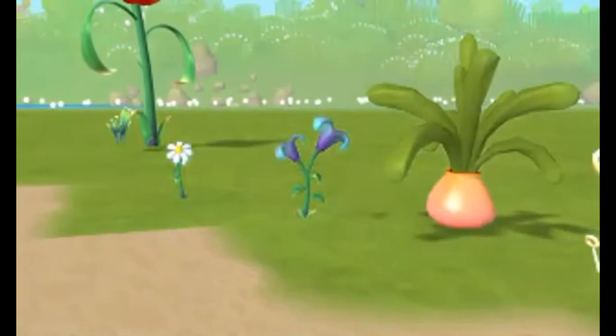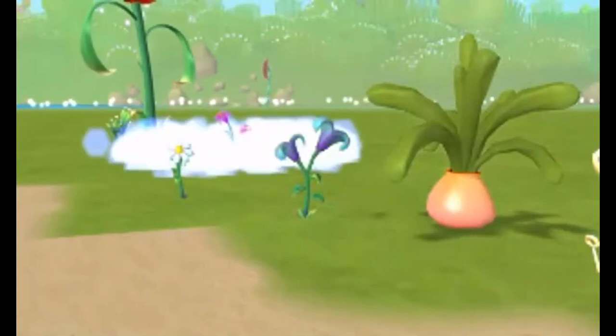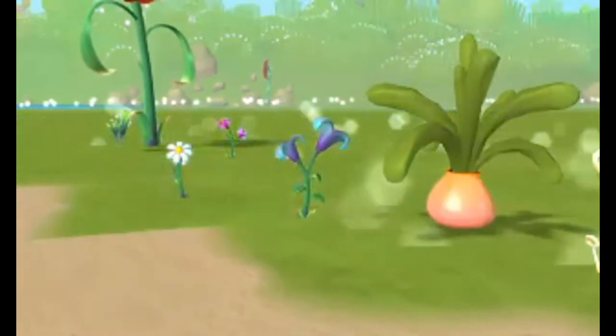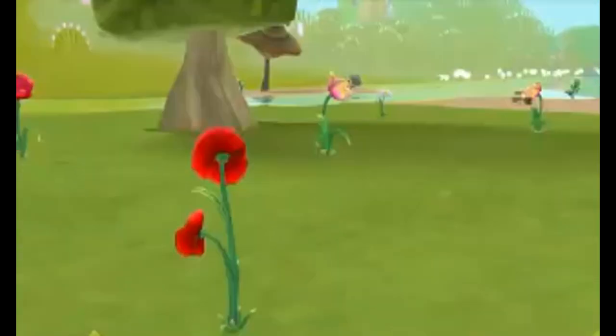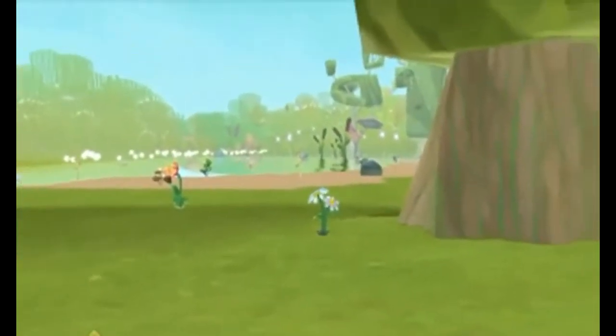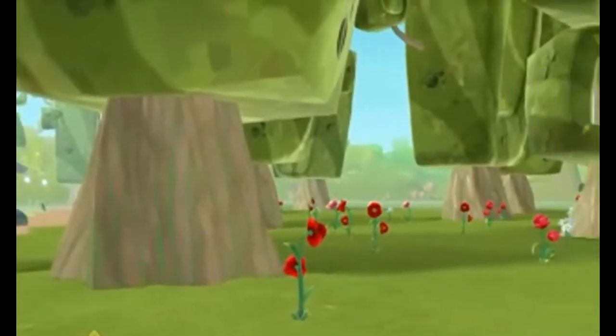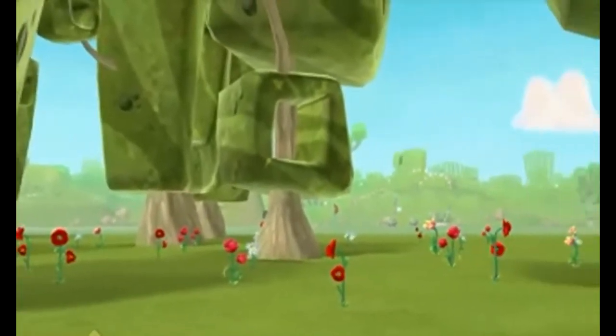It's all around. They are all around the environment, right?